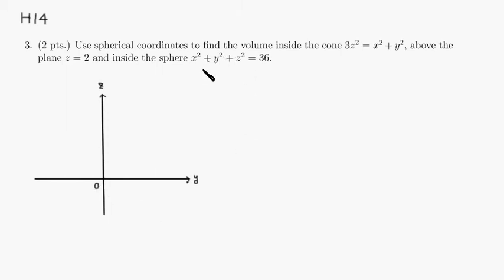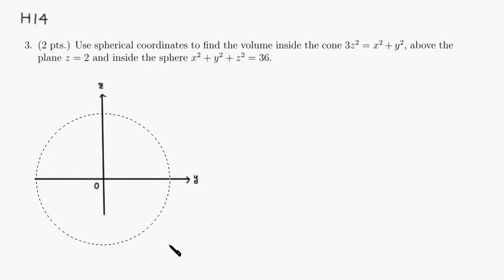The sphere, in the YZ plane, has the equation x equals 0, so I ignore that term. So y squared plus z squared equals 36, which is 6 squared. So the radius is going to be 6. I'm going to draw a circle centered at the origin with radius 6, so I'll make it big enough.